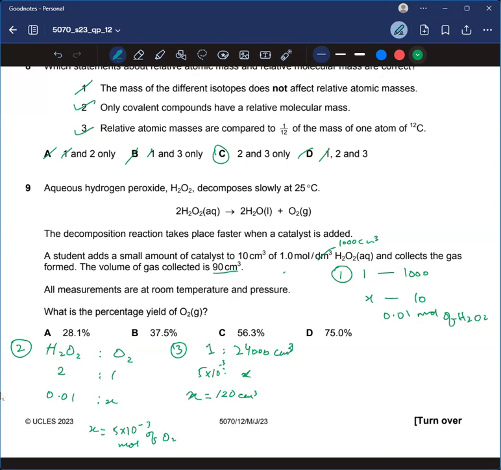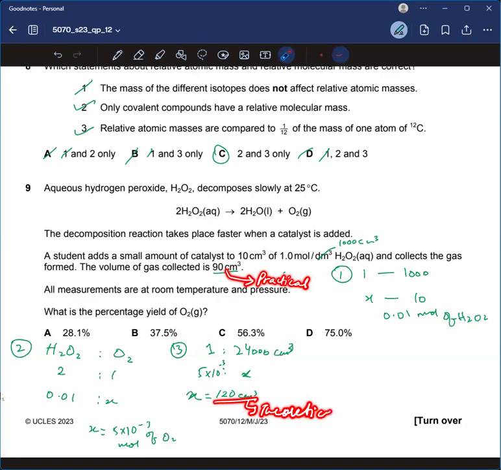So now I have to find the percentage yield. In the question I've been given the practical yield and I have calculated the theoretical yield.